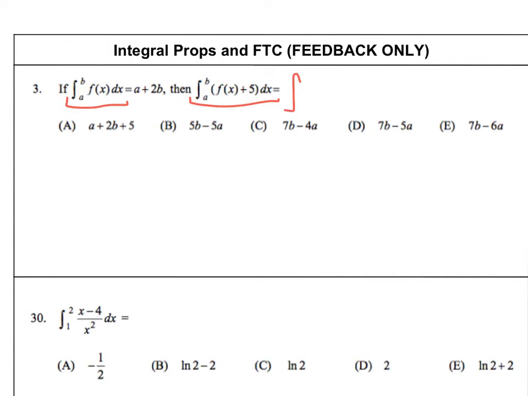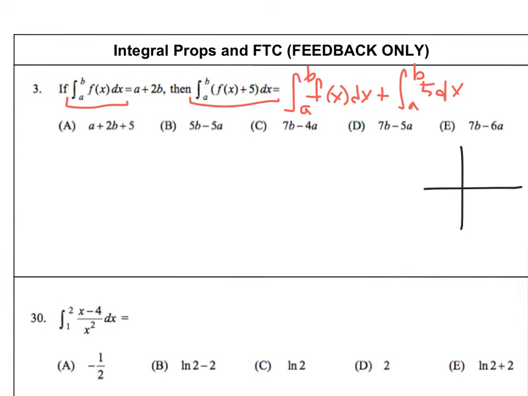The first part is going to be the integral from a to b of f of x dx, and the second part is going to be the integral from a to b of 5 dx. You could certainly do this algebraically, but it might be easier to think about this as an area problem.